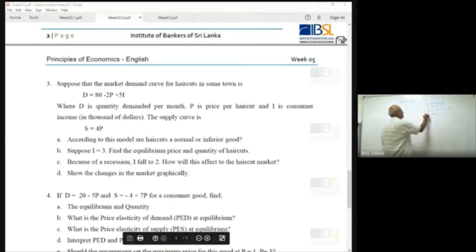Now we have demand and supply. Can you calculate the equilibrium price and quantity, please? I will give you 5 minutes to calculate. At equilibrium, D equals S. Please calculate the equilibrium price and quantity.